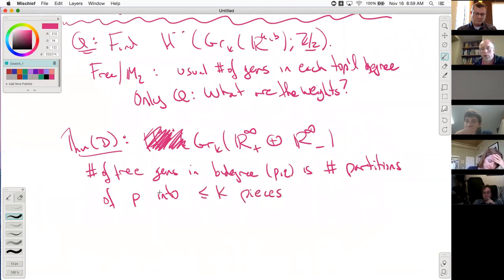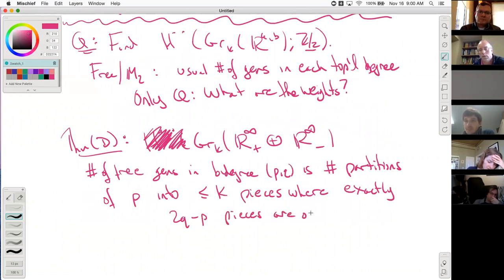That would be the usual answer for the Grassmannian in singular cohomology. But I need to add a condition where exactly 2q minus p pieces are odd. So it's some weird combinatorial condition about what the partitions look like. You write down all your partitions, you see how many odd pieces you have, you stratify those, and that predicts where they are in this bi-graded picture.